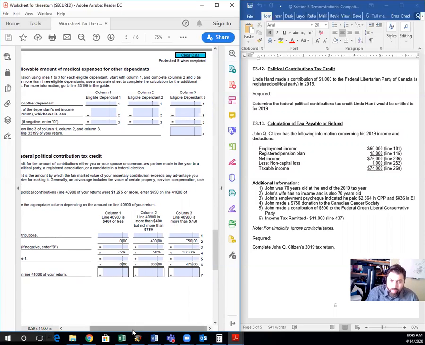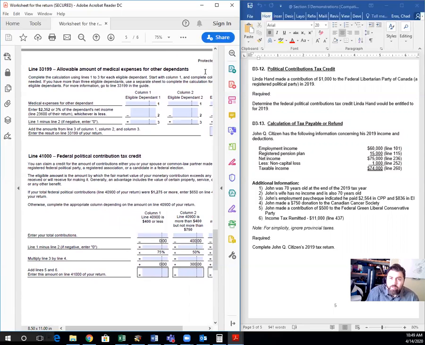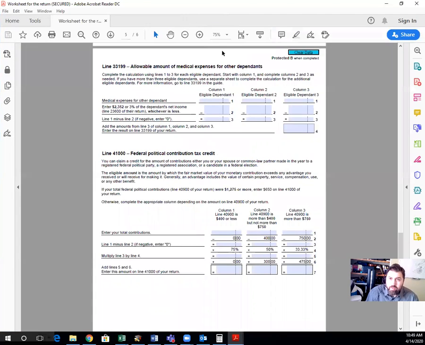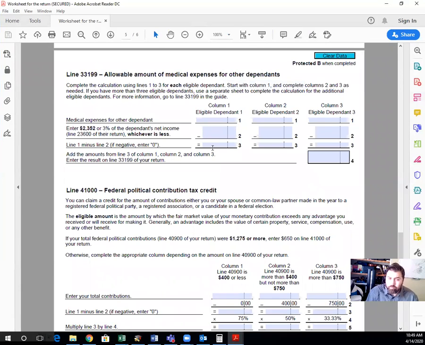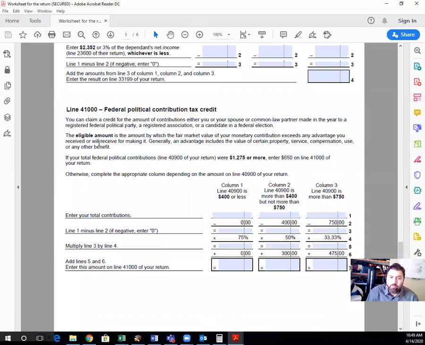So let's just maximize this. You can claim a credit for the amount of contributions made by you, your spouse, or common law partner in the year to a federal political party, registered association, or candidate in a federal election.